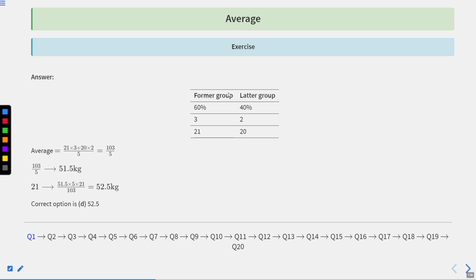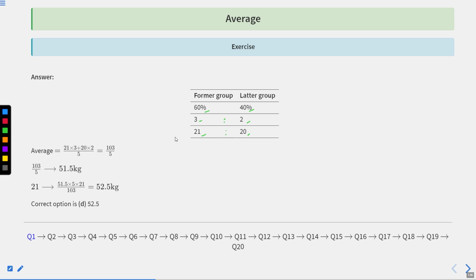The first one is the former group and second is latter group. The former group was 60% that played games, and the second is 40% that do not play any games. So their ratio is 3 is to 2, and the ratio of their mean is 21 is to 20. So this represents the ratio here.